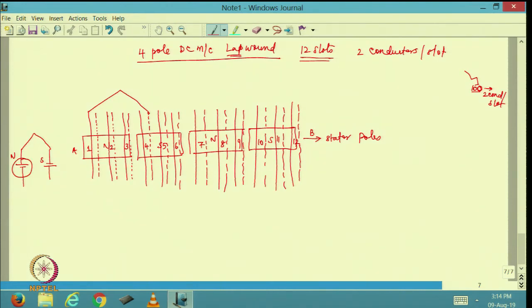You can very well see that they are connected in series, right. So I am going to connect like this in series. This is how it is connected. This is the north pole side voltage generation, this is the south pole side voltage generation. Okay? Now, this is the north pole, this has come out like this, it has to go back essentially and it will end up in this.